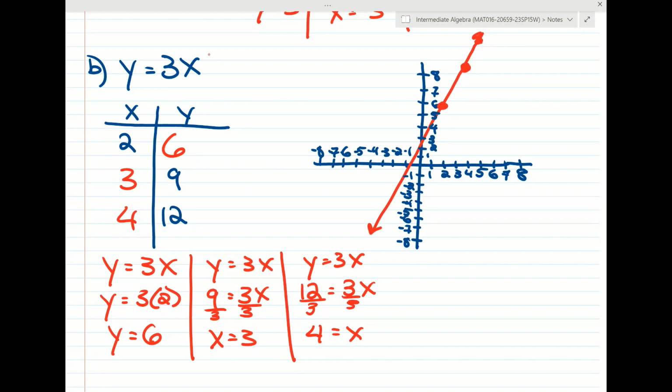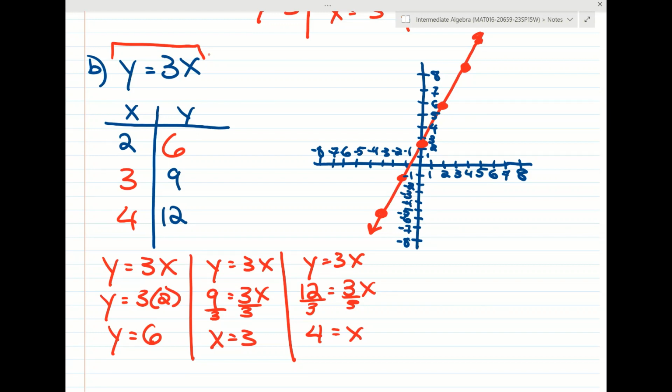Now what this means is any point along the line would satisfy this equation. So just like these 3 points that we figured out, 2, 6 and 3, 9, I could look at this graph and tell that if I put 0 in for x, let's see, maybe that's not a good example.